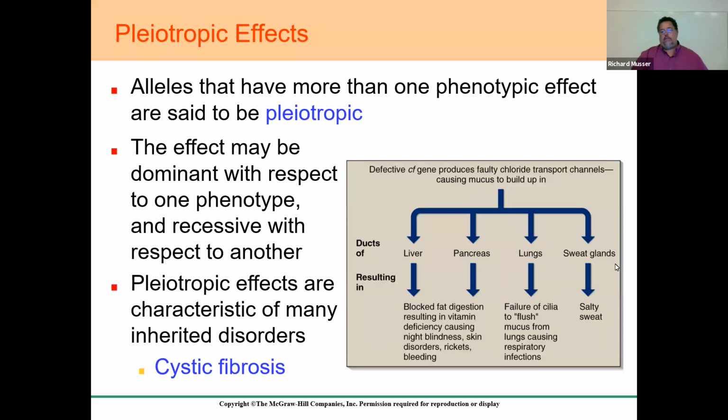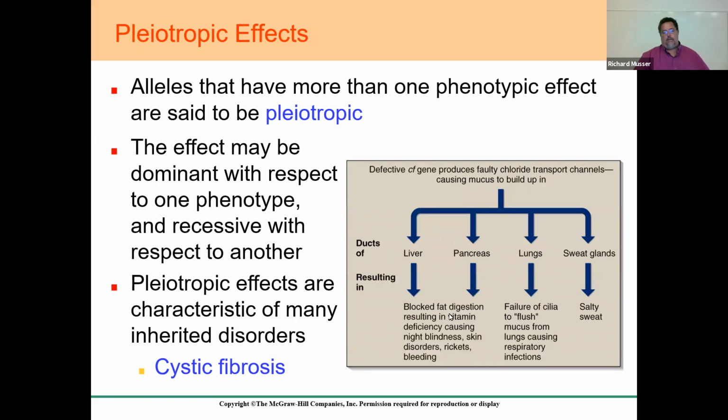So for instance, sweat glands will look like very salty sweat glands. It won't just be the typical salty, but extra salty. Their lungs will have a lot more mucus and cause them to have more respiratory infections. So these might appear as separate phenotypes, but again, it's due to this chloride channel being blocked that helps to make the juices more liquidy and more fluid.